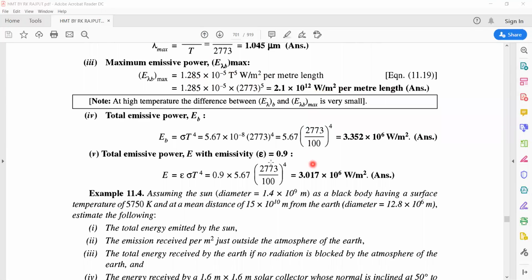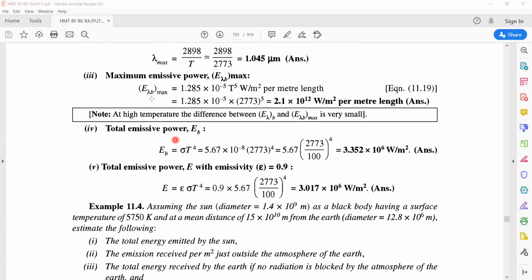Now the next bit is total emissive power. So please try to get the difference between maximum emissive power and total emissive power. So the maximum emissive power is calculated only at the maximum wavelength, whereas the total emissive power is calculated by using the Stefan-Boltzmann law.